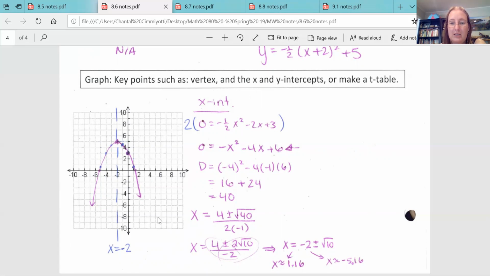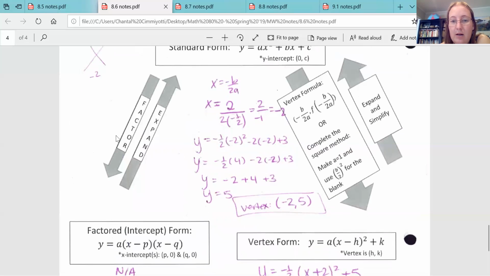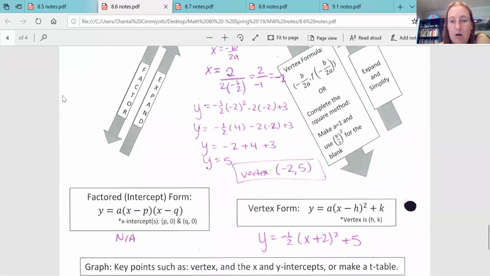All of these different concepts and all these different components have to come in and match up with each other. So I had found the vertex -2, 5 by doing the vertex formula here, watching your order of operations and your signs.